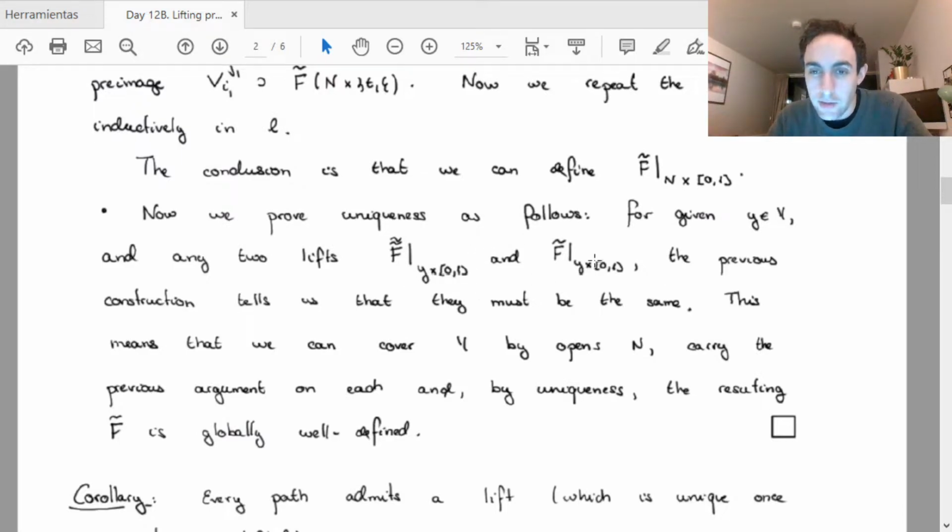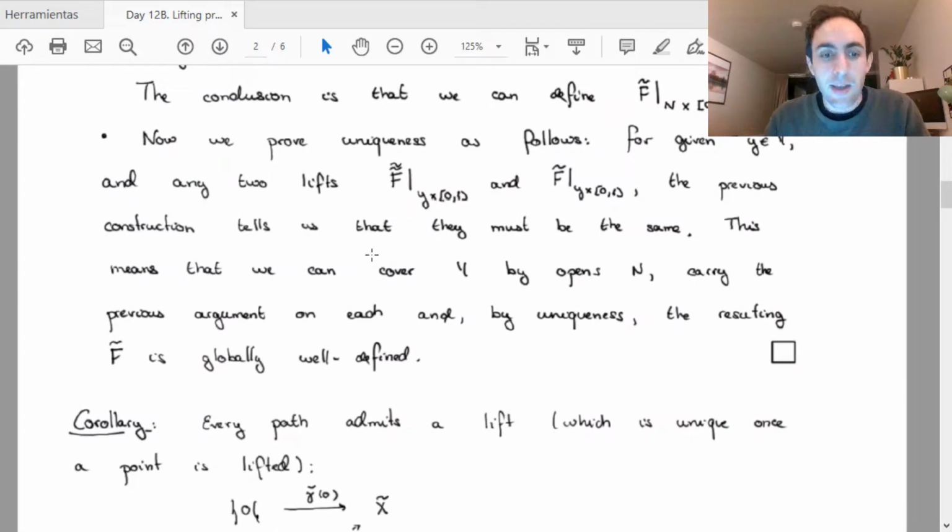And since they agree, they define something globally. Let me say that again. We defined f tilde piece by piece. These pieces overlap, but because we know the lift must be unique, these different lifts agree in the overlap. Therefore they define an object that is global on the whole of y. All right, hopefully you find that convincing.